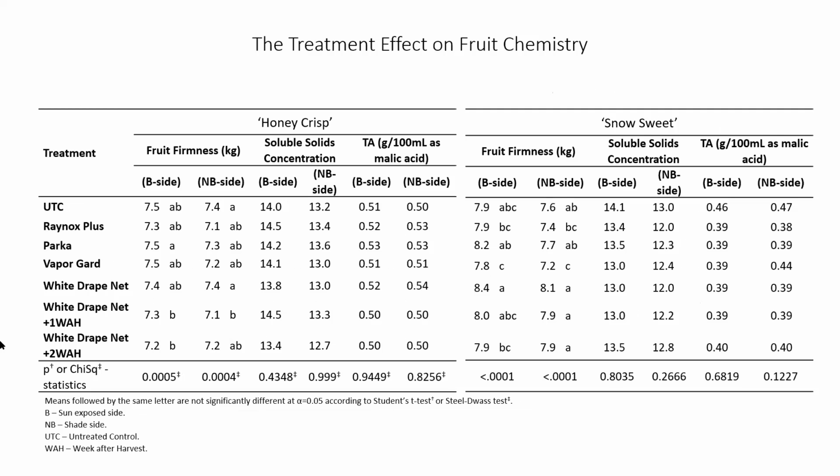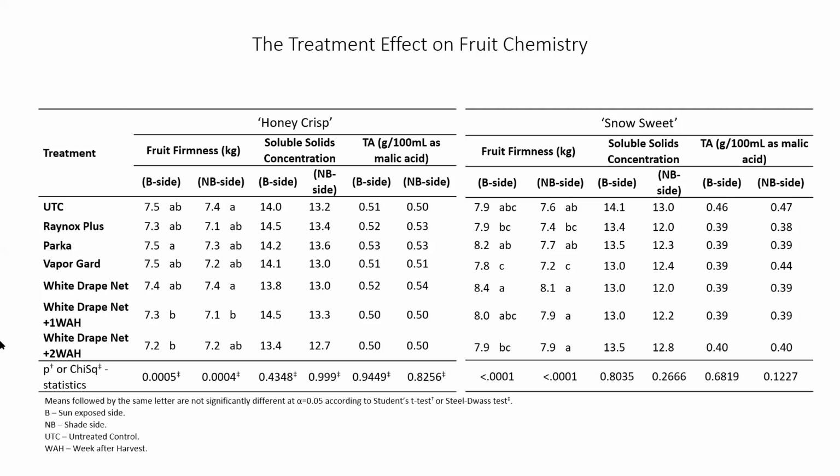So on this slide, you are looking at the apple fruit chemistry. Standard traits we observe every year are fruit firmness, then sugar, described as soluble solids concentration. And we also look at titratable acidity, expressed as grams of malic acid in 100 mL. As you can notice from the graph, none of the treatments significantly differ from the control in any of the observed parameters.